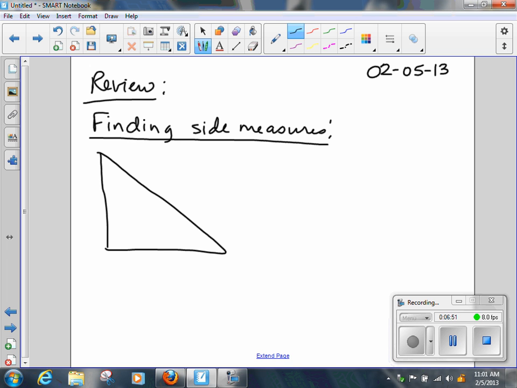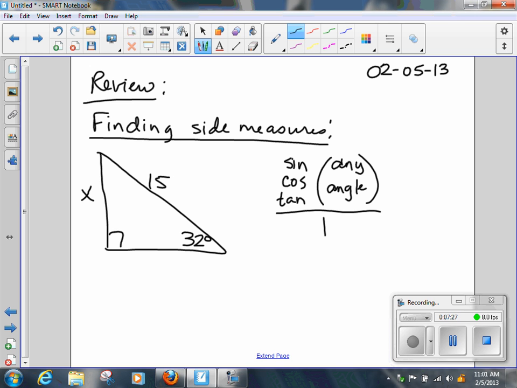Or maybe not. Let's look at this triangle, finding side measures. Let's say that you had this picture, and you're told to find x. You got to remember that when you're finding side measures, you're either going to have sine, cosine, or tangent of any angle over 1, because remember this is where you use the proportion, which is equal to a side over a side.